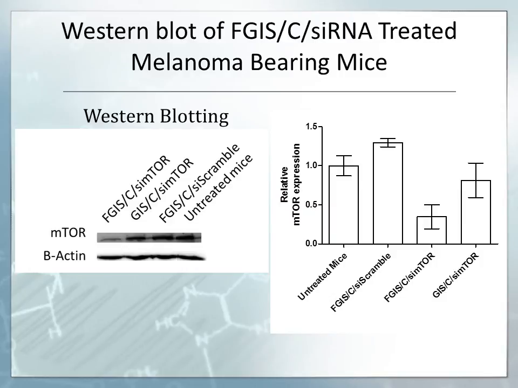So here is the Western blot of the tumor tissue from the treated mice. We found a significant reduction in mTOR expression for the FGISC group. Here is the quantification by band intensity, which is around 60% downregulation.